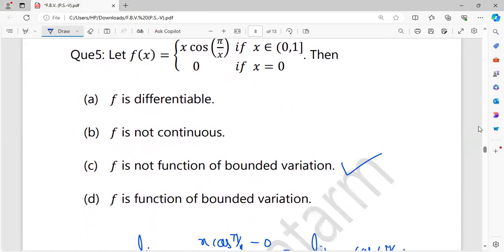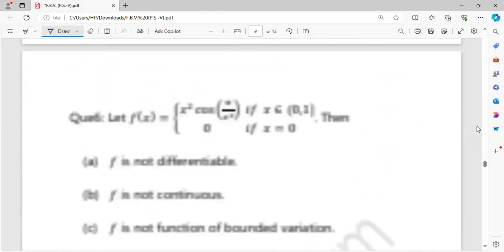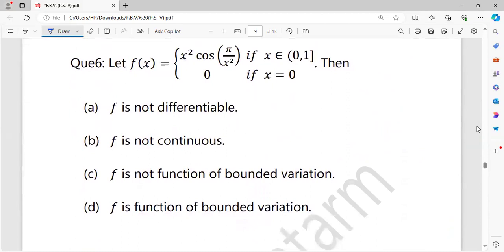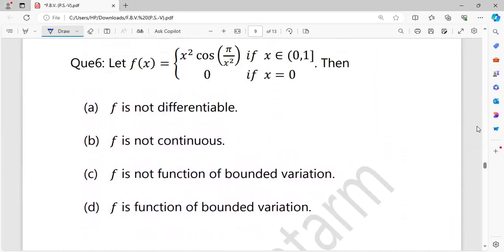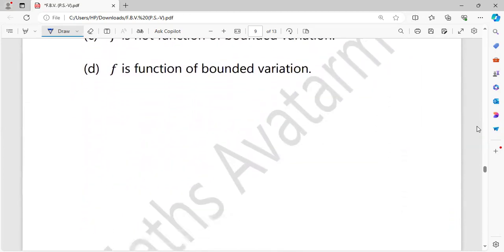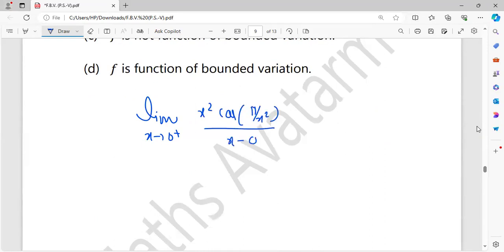Now move to question number 6. You can check this function is differentiable, because it is differentiable at 0: limit as x tends to 0 plus of (x square cos pi upon x square) upon (x minus 0) is the limit of x cos pi upon x square.